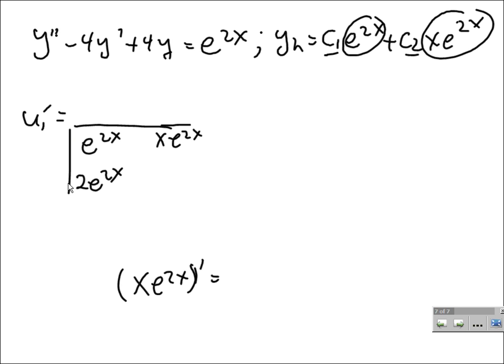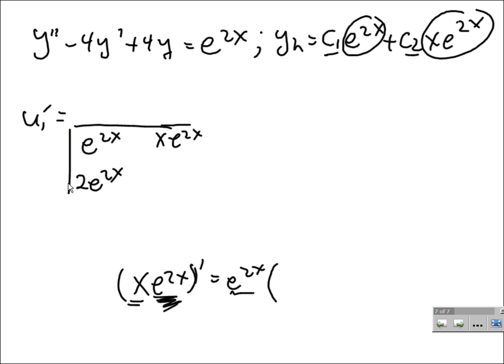Now if you're slick, you'll realize you're going to be able to factor out an e to the 2x. Because when you take the derivative of the first factor, you keep the second, and then you keep the first and take the derivative of the second, which is going to be 2 e to the 2x.